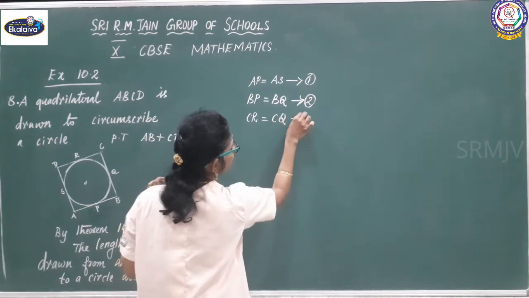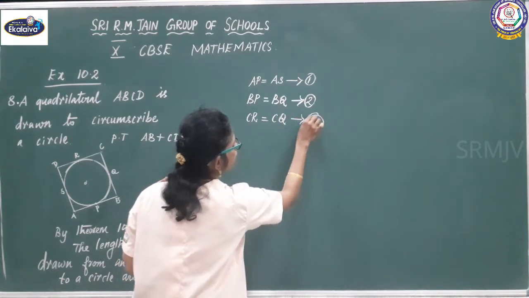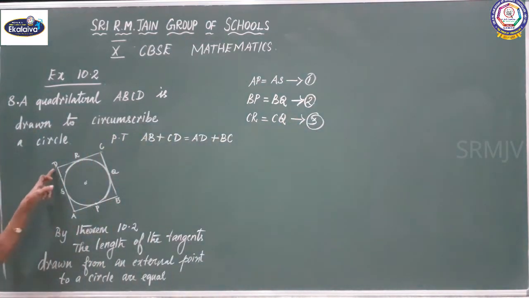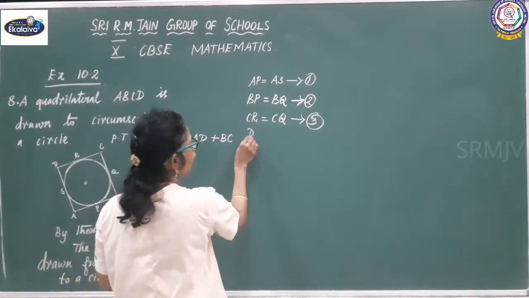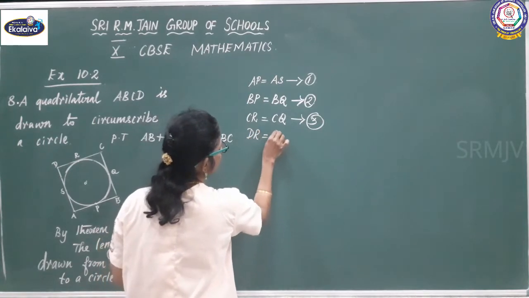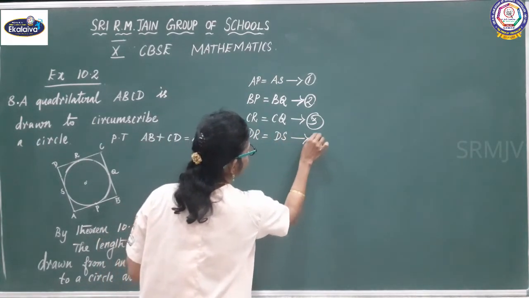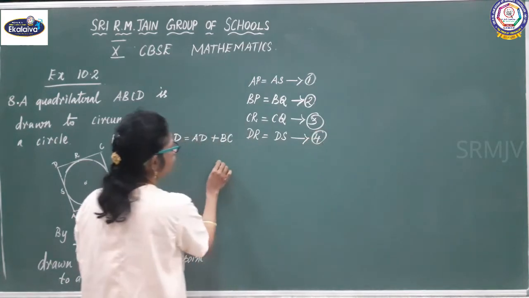Both are correct. That is equation number 3. Now we pass on to the last point, that is D. D is an external point. DR equal to DS. The same theorem you are going to use, right? DR equal to DS. That is equation number 4.